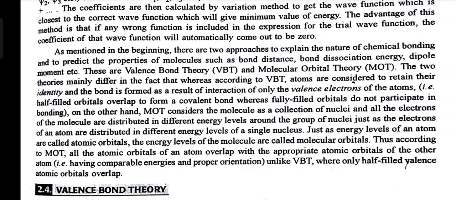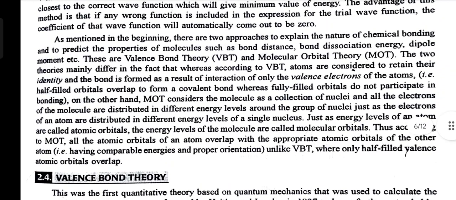On the other hand, MOT considers the molecule as a collection of nuclei, and all the electrons of the molecule are distributed in different energy levels around the group of nuclei, just as the electrons of an atom are distributed in different energy levels of a single nucleus.